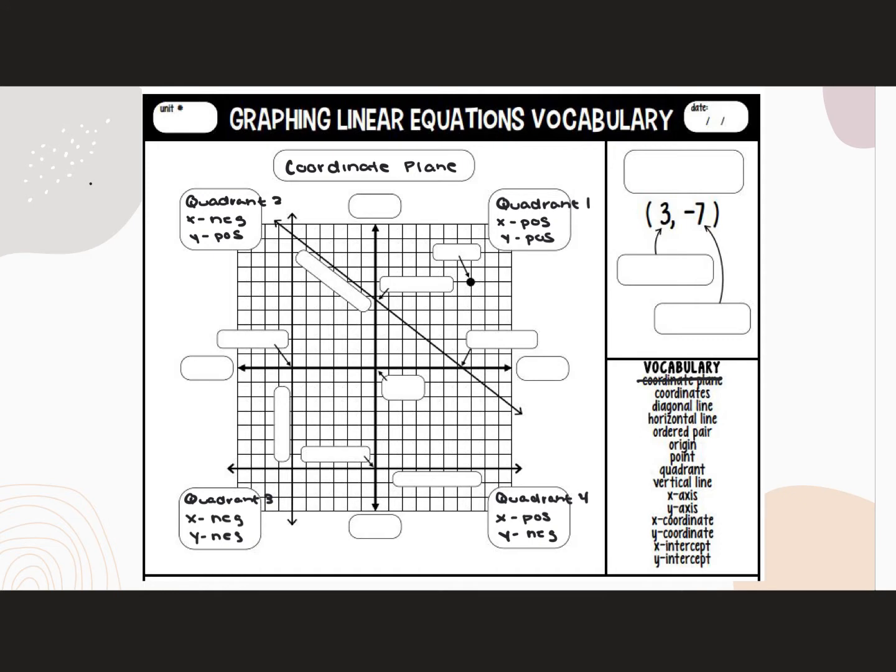All right, from there we're going to label the axes. So we're going to have our y-axis, and our x-axis. We know that when a line crosses the x-axis, that's an x-intercept.